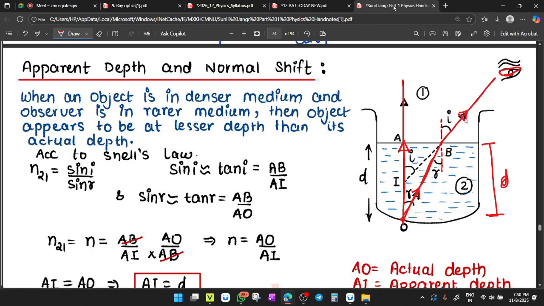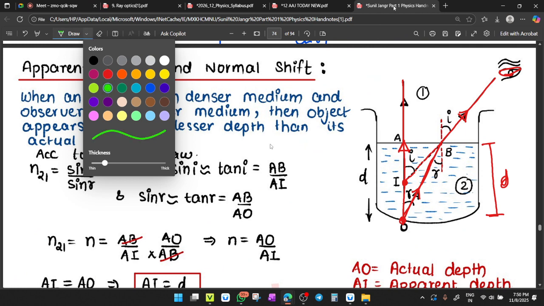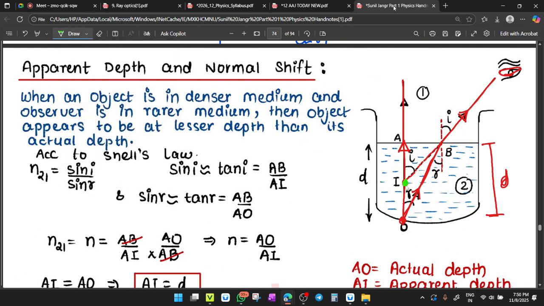Now if you extend the refracted ray backward, you will have its virtual image, called I. So actually your coin is at place O, but its virtual image will be seen at point I. That is your virtual coin. So this is your real depth, and this will become your apparent depth d dash. You have to find this apparent depth d dash or AI.